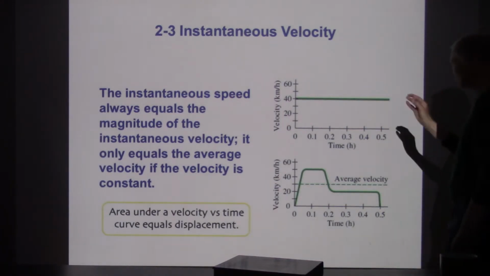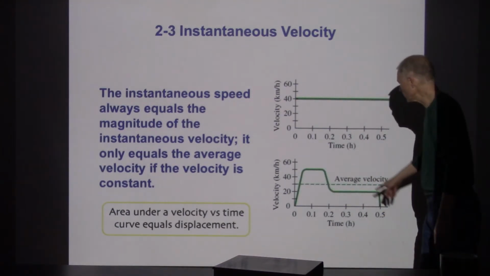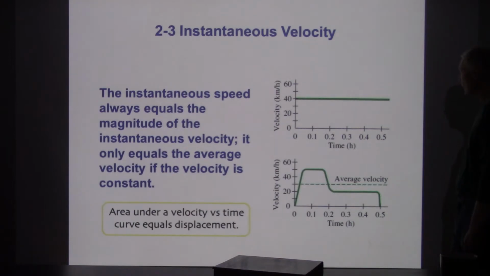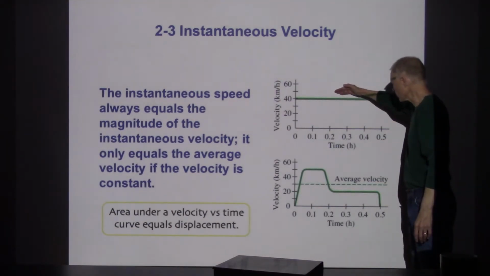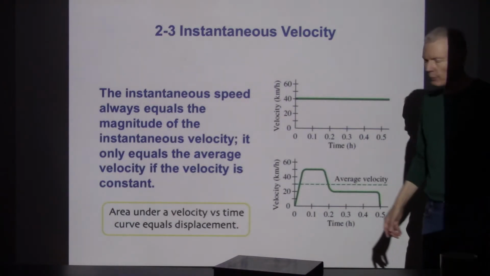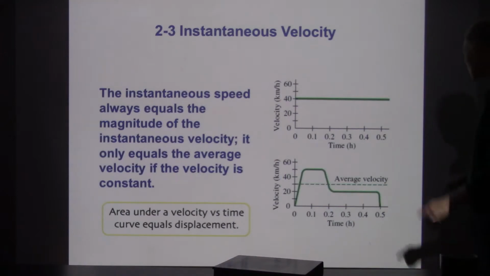Only for a brief instant here during an acceleration, and then here again as it's slowing down, it's traveling at 40. So the average velocity here is clearly 40. The average velocity here they're claiming is 30. We would have to go in and do some more careful calculations to verify that.